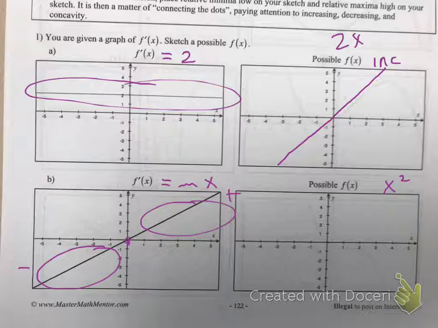And at 0, it's also 0. So here my f of x at 0 is 0. And we said it's decreasing on the left-hand side, and then it's increasing on the right-hand side. Okay, so that's how we would handle those two.